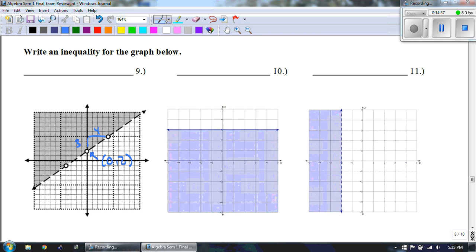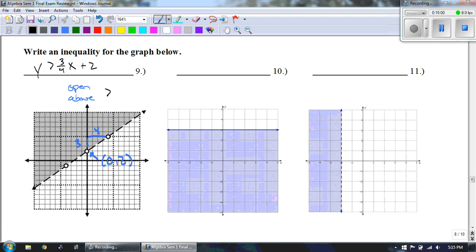Okay? The other things that we need to pay attention to is that it is open and that it is above. So y open and above is the greater than symbol. 3/4 x plus 2.